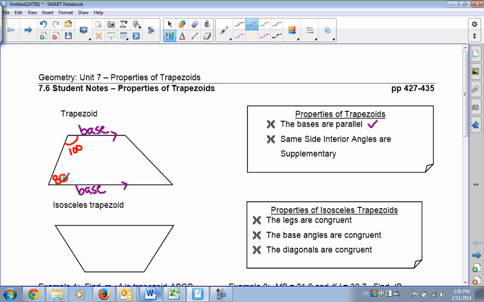Because added together they would be 180. Supplementary. Okay, so if they're both on the left side, they're same side interior angles, they add to 180. Same thing over here. If this one was 120, what would this angle have to be? 60. Okay. So that's, in a nutshell, what a trapezoid is.